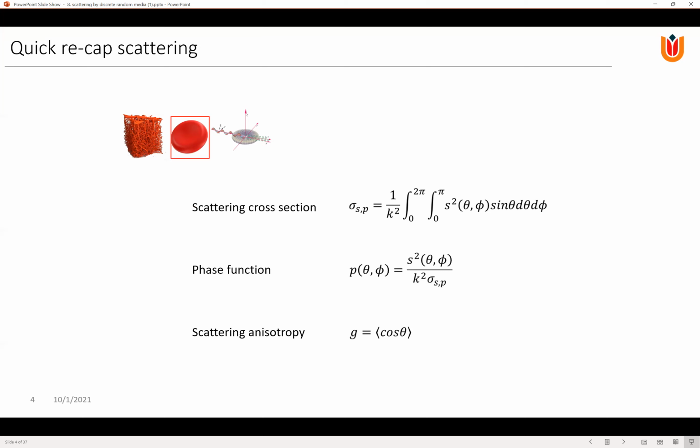K, what's k? Yeah, which it was defined as 2 pi over lambda. So that is directly related to the color. Okay, that's fine. What is S squared?